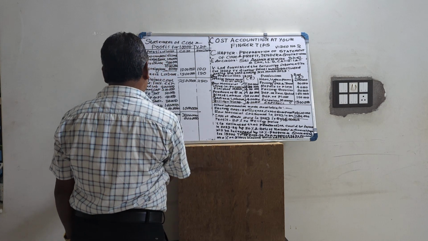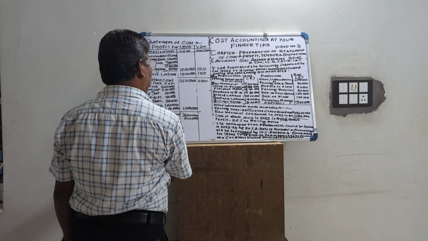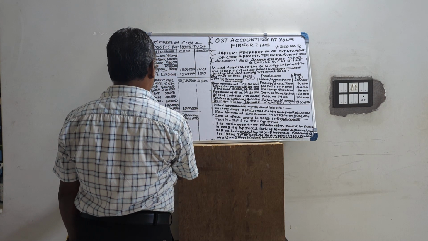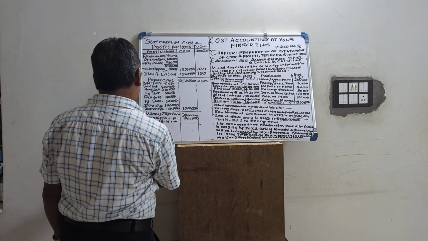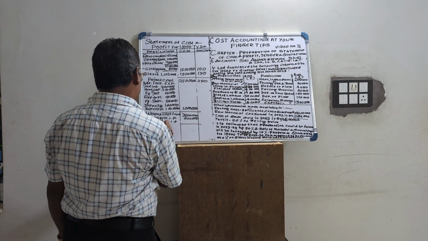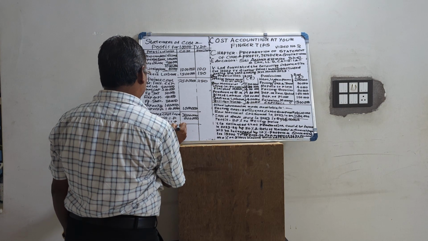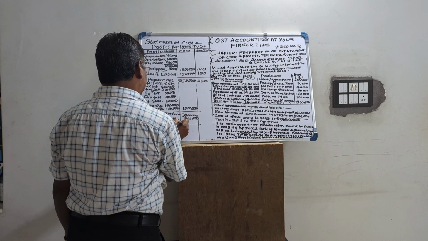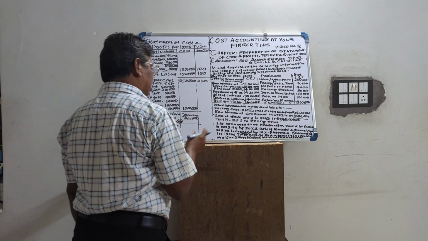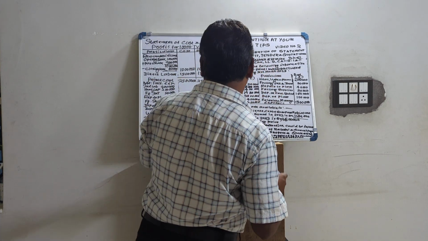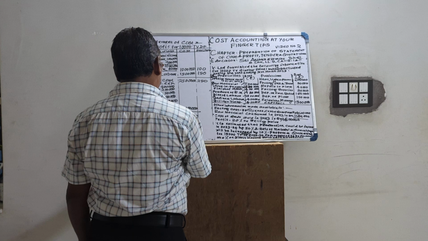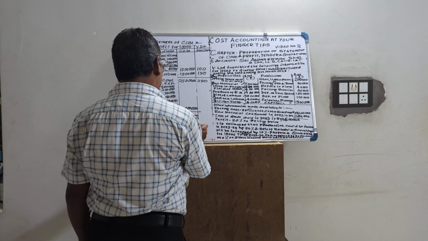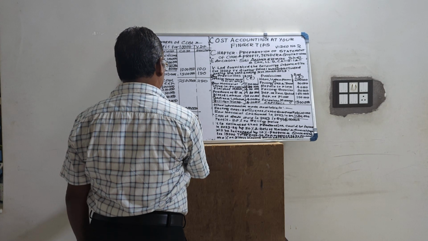Minus closing work in progress. Closing work in progress is the balancing figure, because work cost is given in the question, that is factory cost or work cost 40 lakhs. So closing work in progress is only 1 lakh.